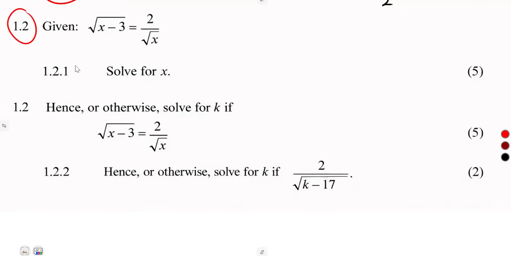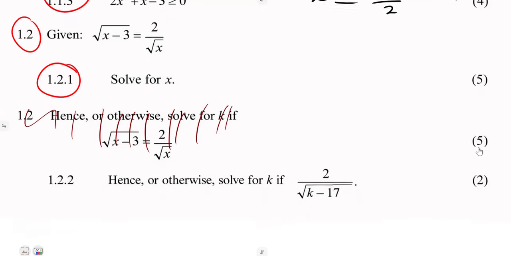This was 1.2, where you're being asked to solve for x. 1.2.1, it was to solve for x. So this one, just remove it for now. This part I'm gonna show you how the question was, the continuation.